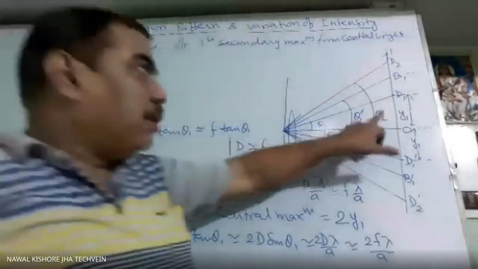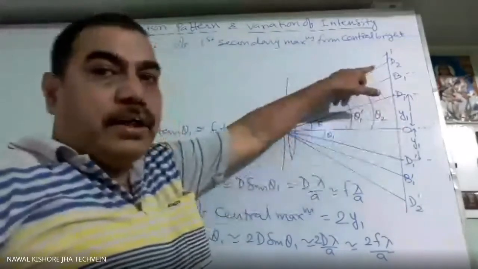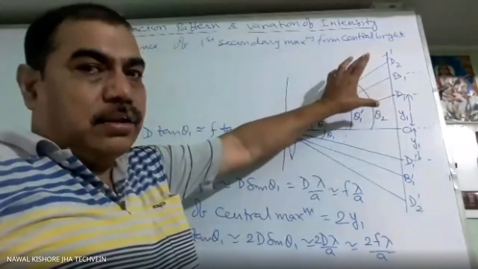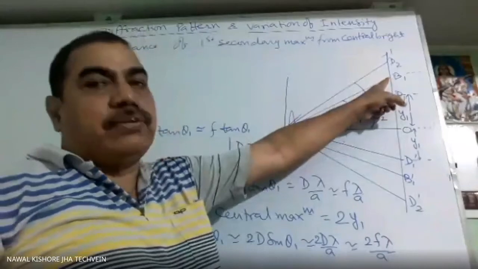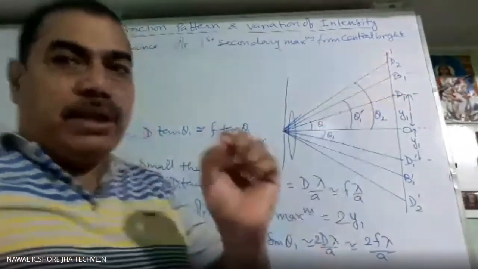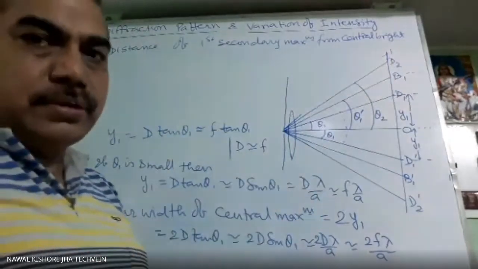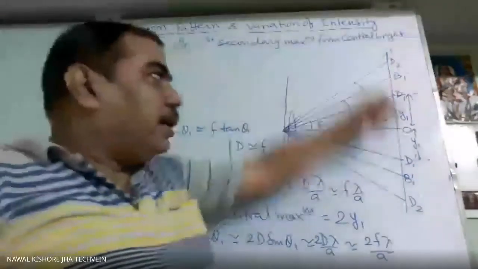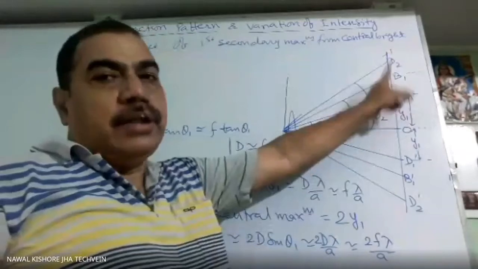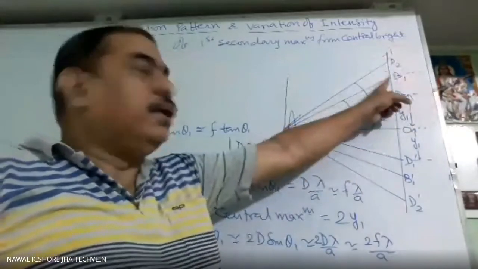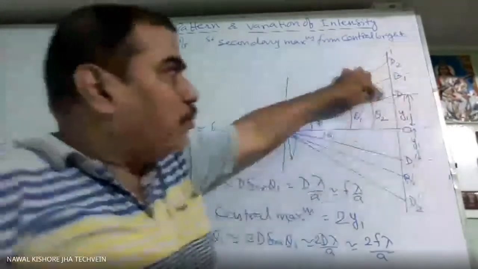So here, from here to here again we are getting light, but at this point we are getting maximum light. Dark will be only at a particular point, but bright will be in a range, and in that range, here the intensity is maximum. That's why we say here is the maximum.